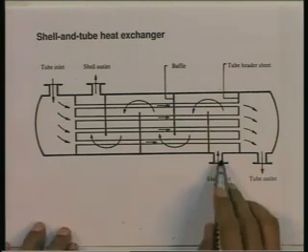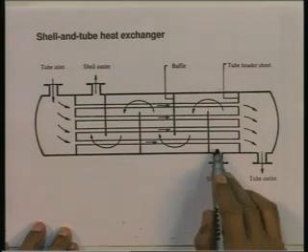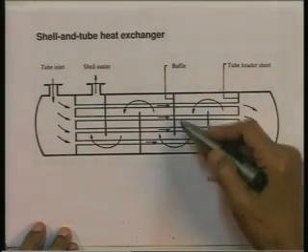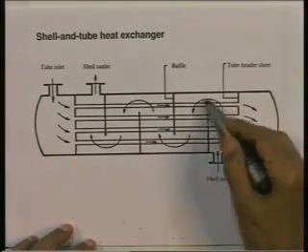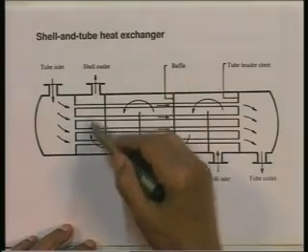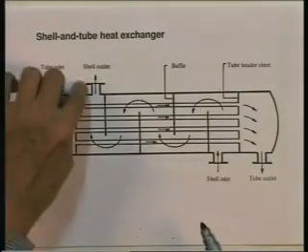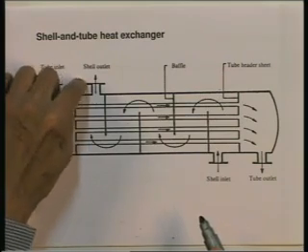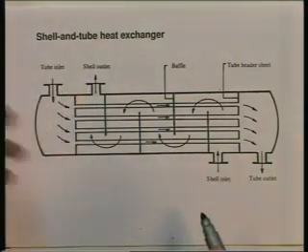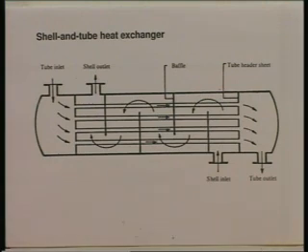It enters the shell here, flows outside the tubes in the shell space, and then exits through an outlet at this point in the shell. All right. So, that is the second fluid. Now, there are some more parts inside this which I want to describe.